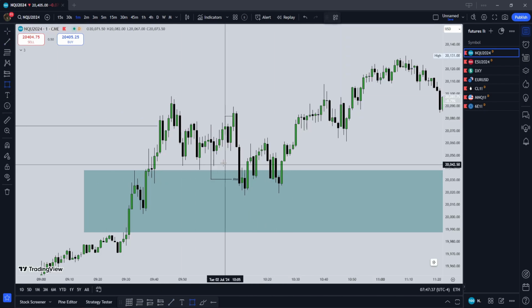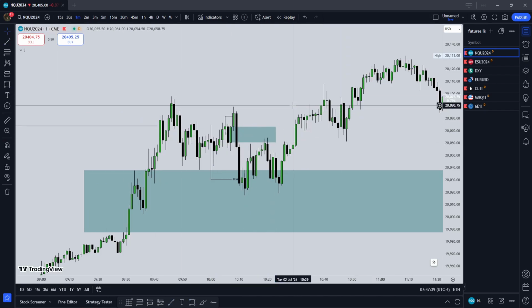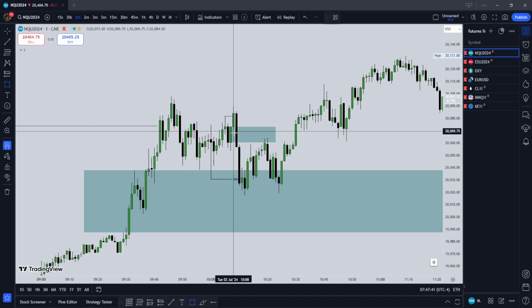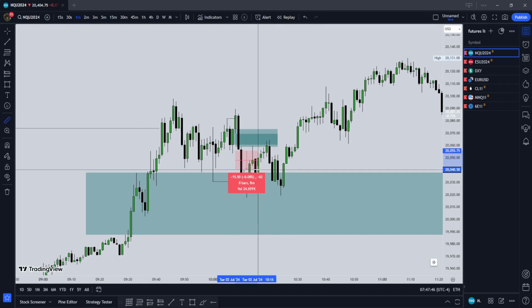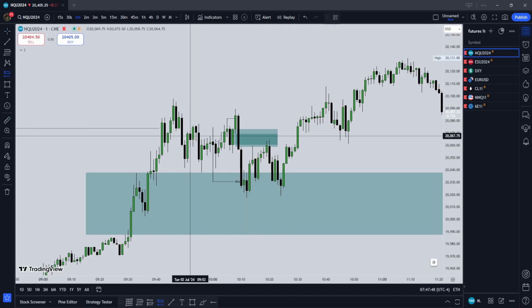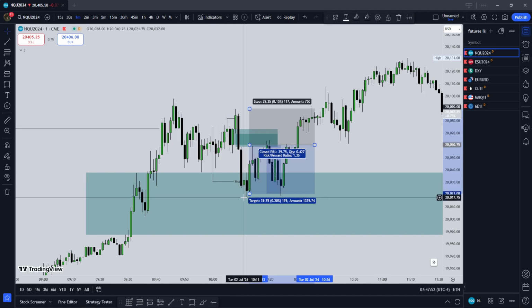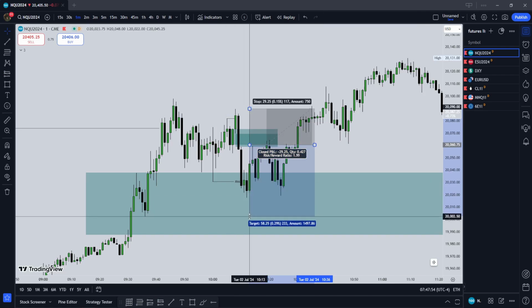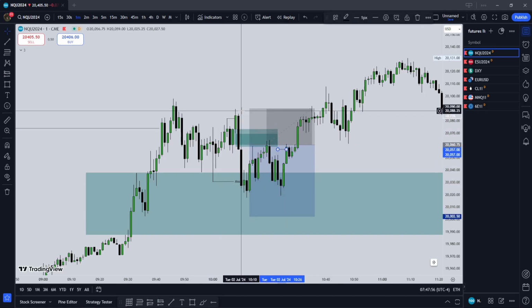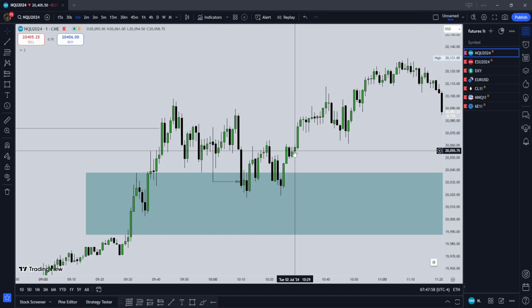And what are they taking? They might be taking this breaker block, or either this fair value gap up here, or even worse, this fair value gap here.